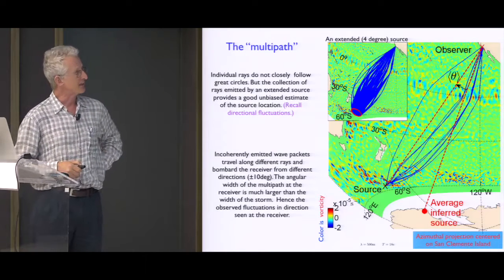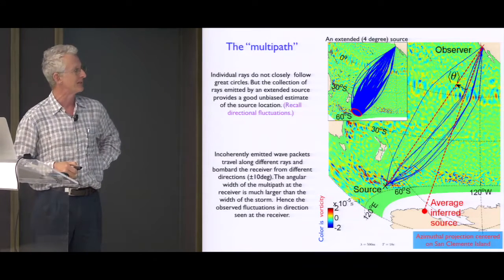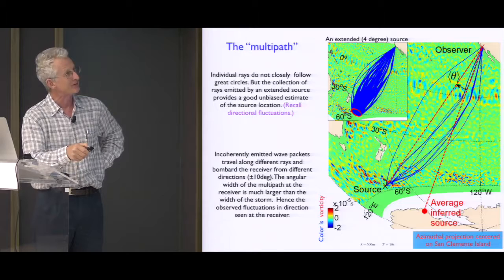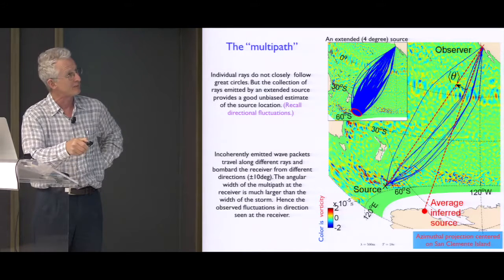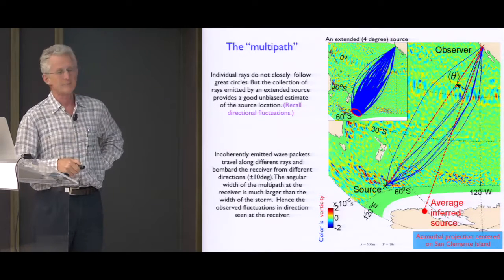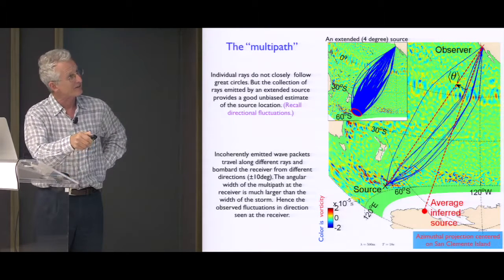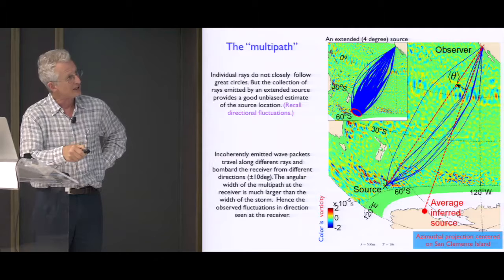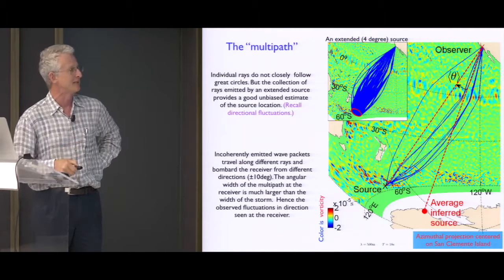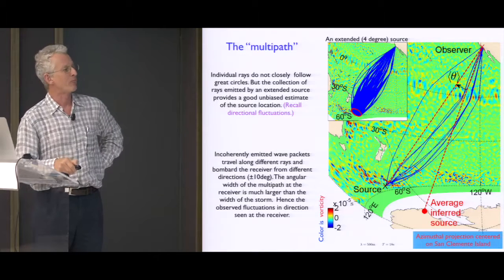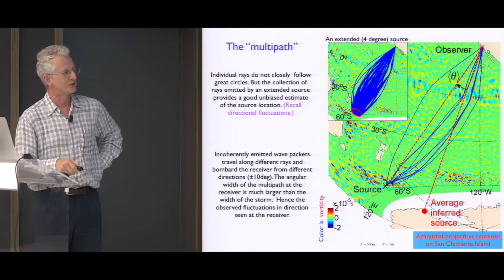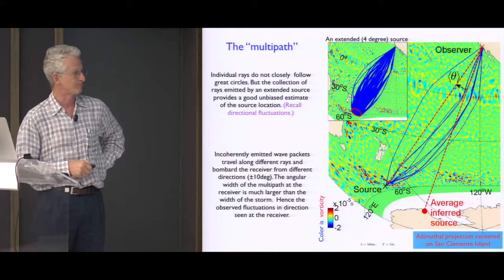So the idea is that incoherently emitted wave packets travel along different rays and they bombard the receiver. The angular width of the multipath, that is the width of the rays which are coming into the receiver, is actually much larger than the width of the storm. So if you followed back the angular width here, you'd get a huge area here, which the storm would be at the center of it, and hence the observed fluctuations in direction seen at the receiver, okay?